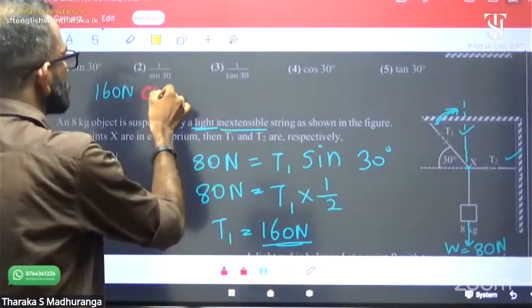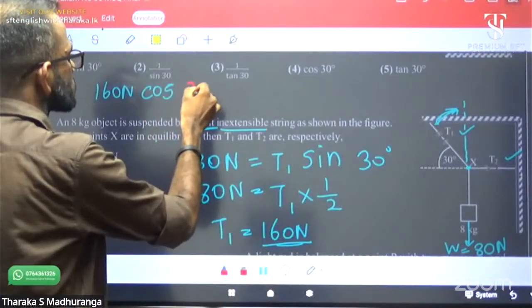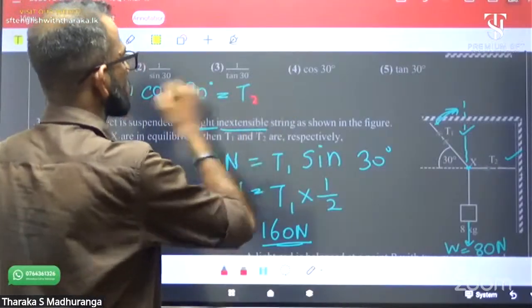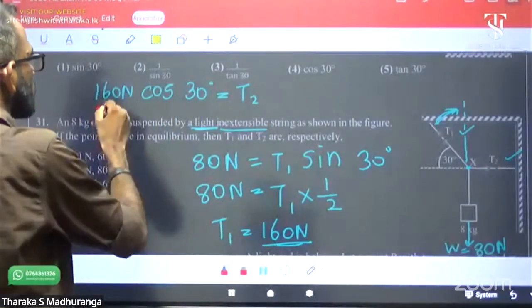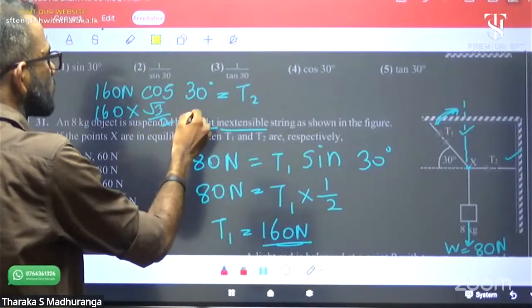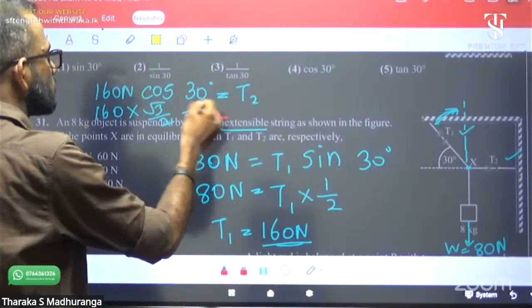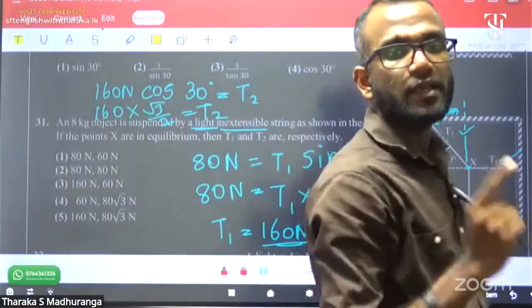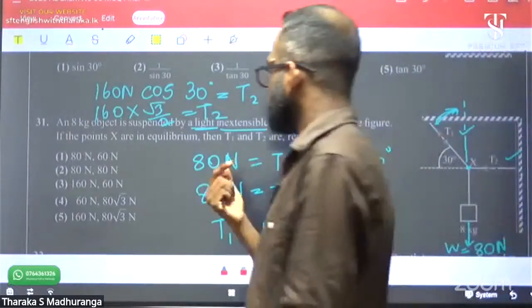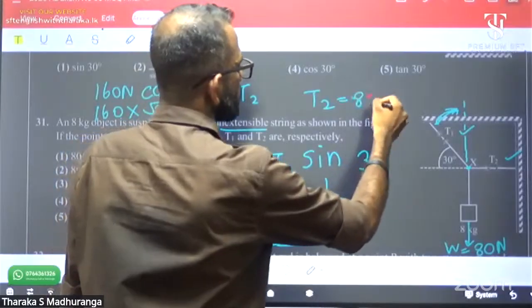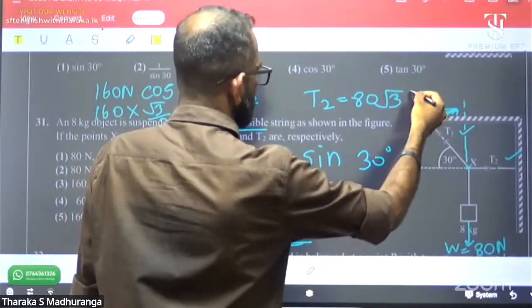Then it is cos 30. 160 cos 30, which means root 3 over 2, I think you know, equals T2. Then 160 divided by 2 is 80, so 80 root 3. T2 equals 80 root 3 Newton.